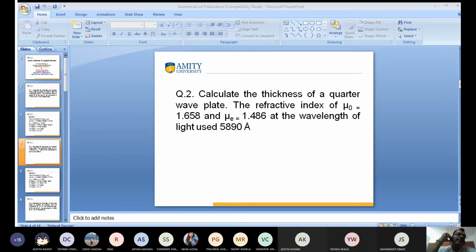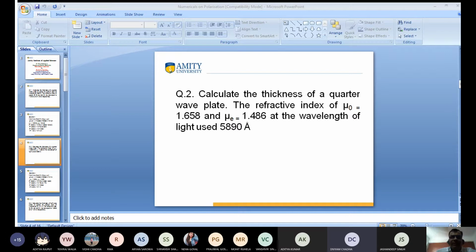Rama, what is your answer? Sir, I am also getting 8.56, but my answer is negative.